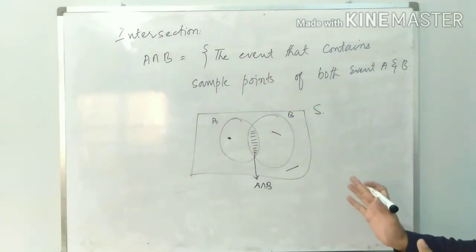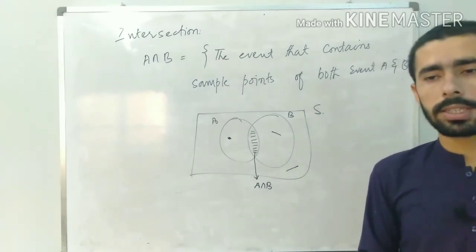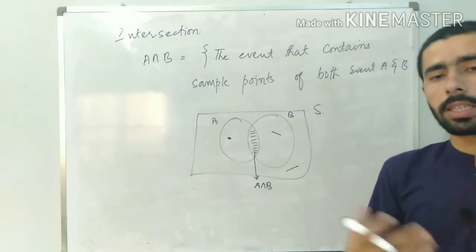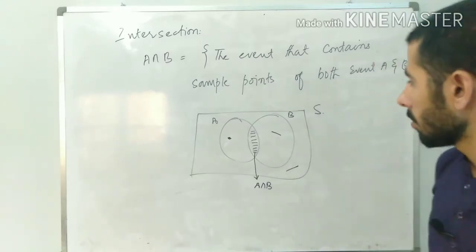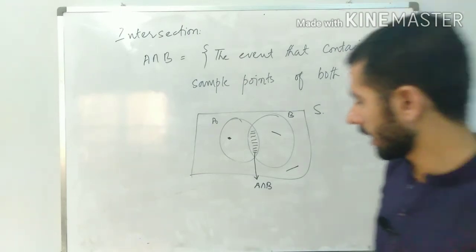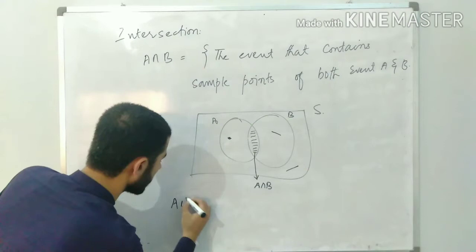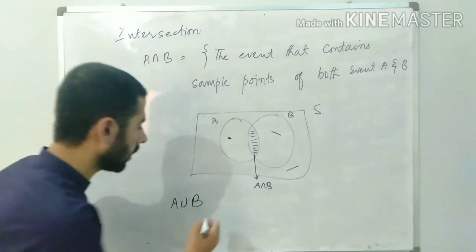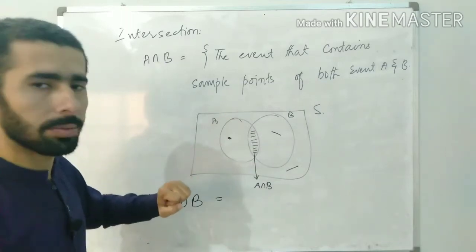So now if we try to make a relation for sets A, B and their intersection and union, or any relation for events A, B and their union and intersection, we would get a simple relation like this. If I am interested in the event A union B, how can I get the union out of this picture?